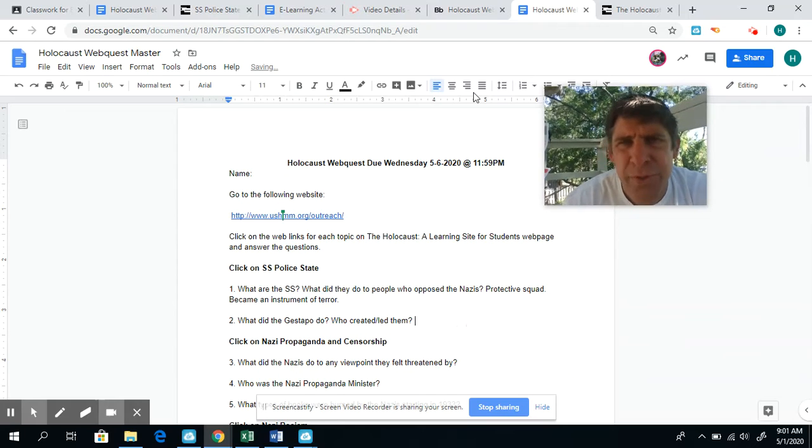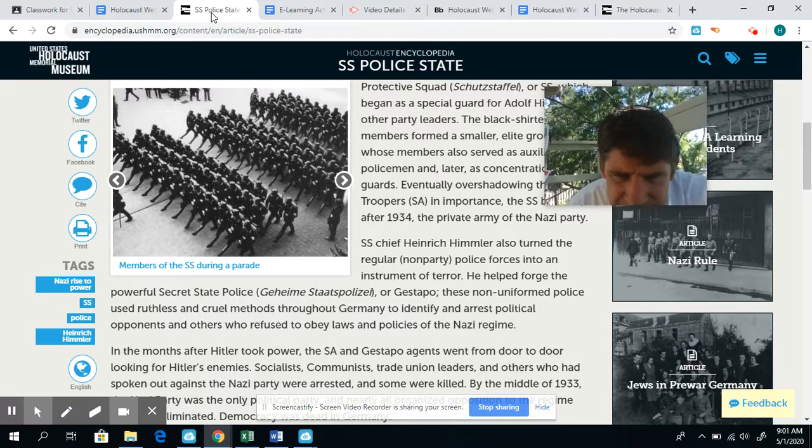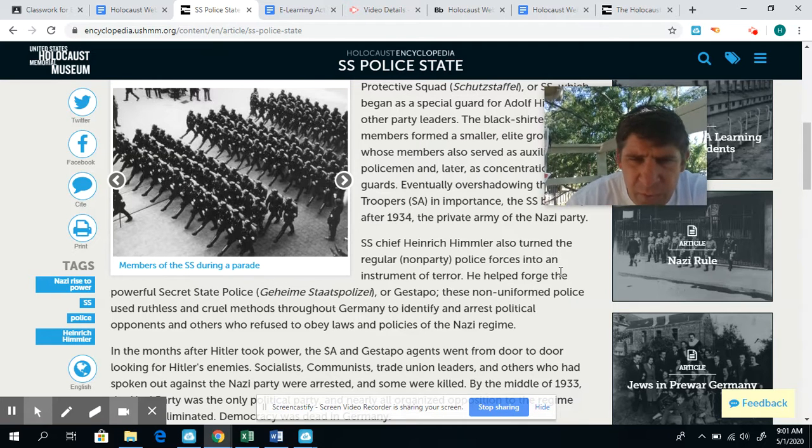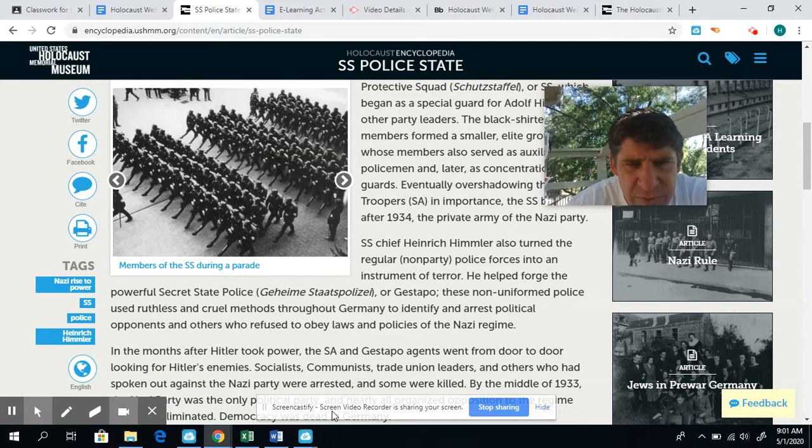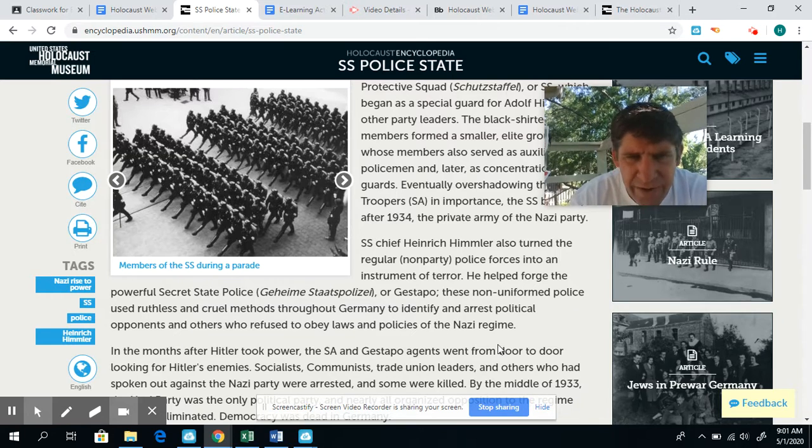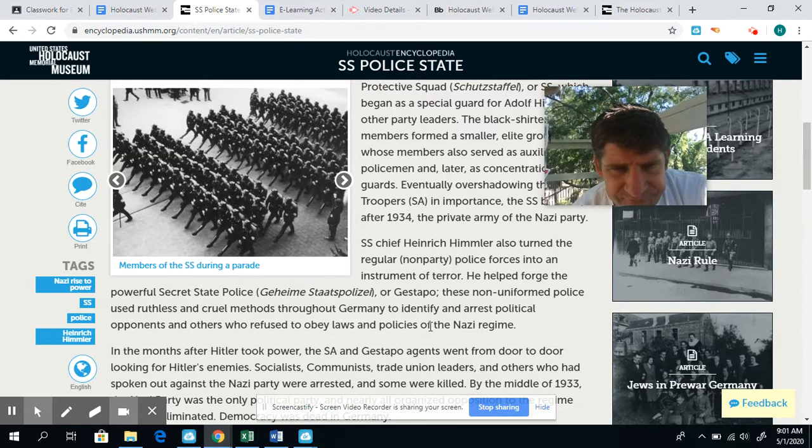What did the Gestapo do? Well, this is the one we found originally. They used ruthless and cruel methods to identify and arrest political opponents. And they were created by Heinrich Himmler. Okay? So listen, I'm not going to type that down because I'm sitting in kind of weird, my computer is perched in a strange way.